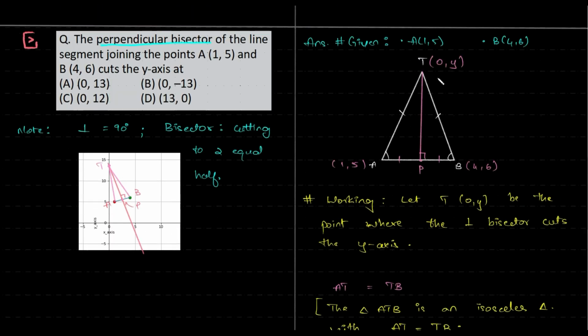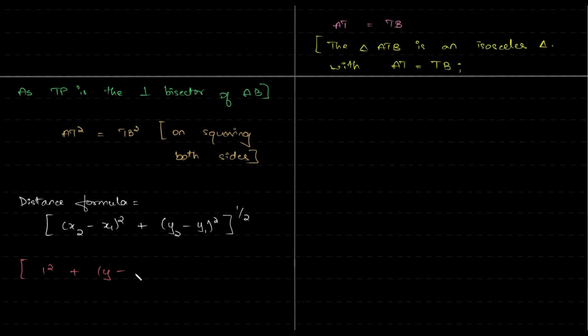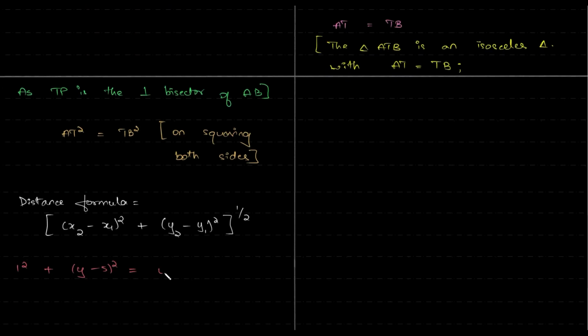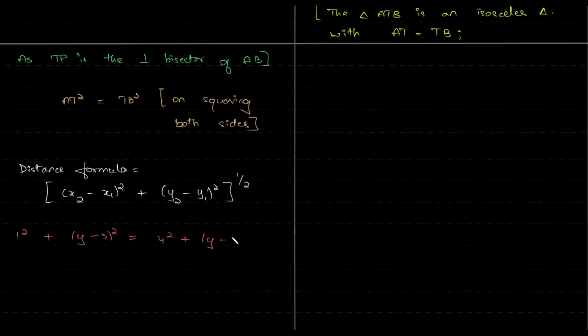Here, 1 minus 0 square, that is 1 square, plus (y minus 5) square. This entire expression will be equal to, we have 4 and 0, so 4 square plus (y minus 6) the whole square.